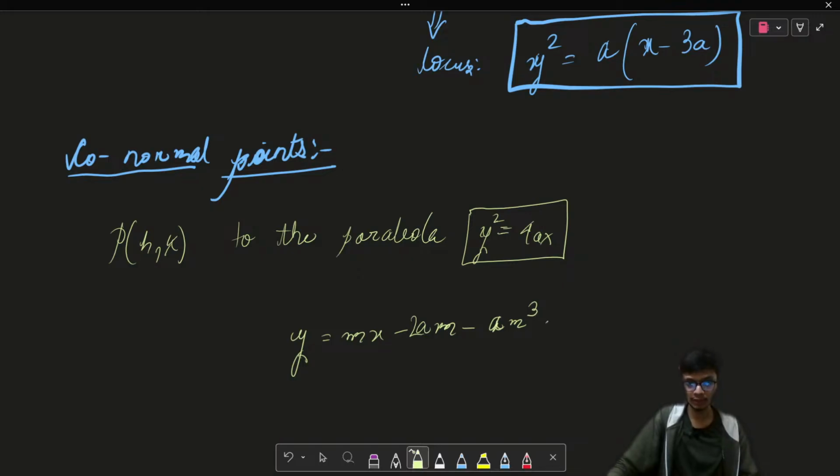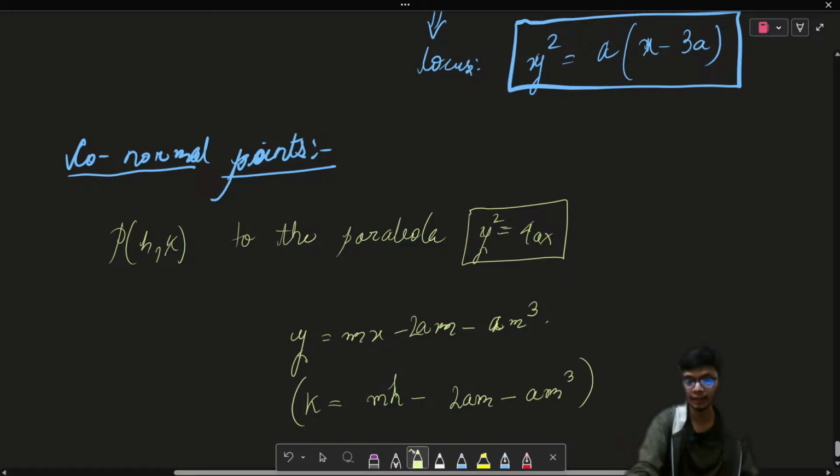And if it passes through the point h comma k, then this equation is satisfied. That is basically k is equal to mh minus 2am minus am cube, right? This is going to be satisfied, right?